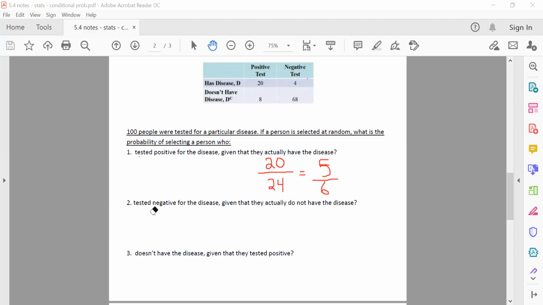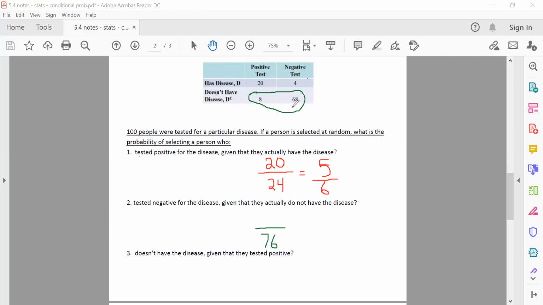Down here, what is the probability that they tested negative for the disease, given that they actually do not have the disease? So now we're only looking at the people who do not have the disease. That's what we're given. 8 plus 68 is 76. So that's what that denominator is going to be.